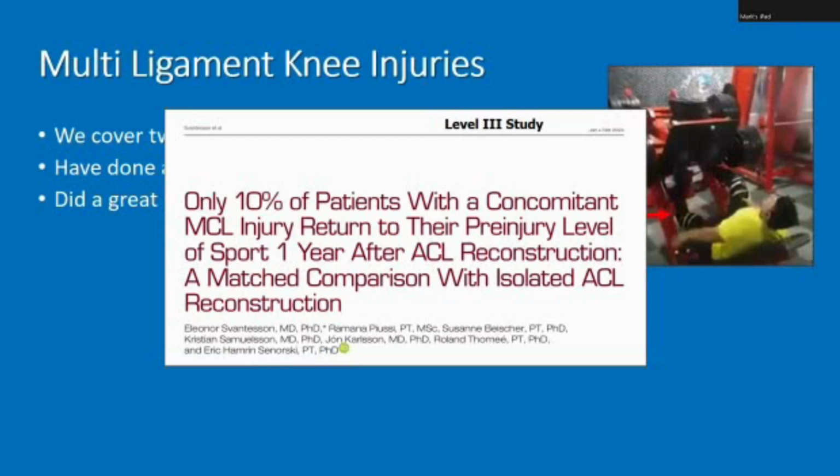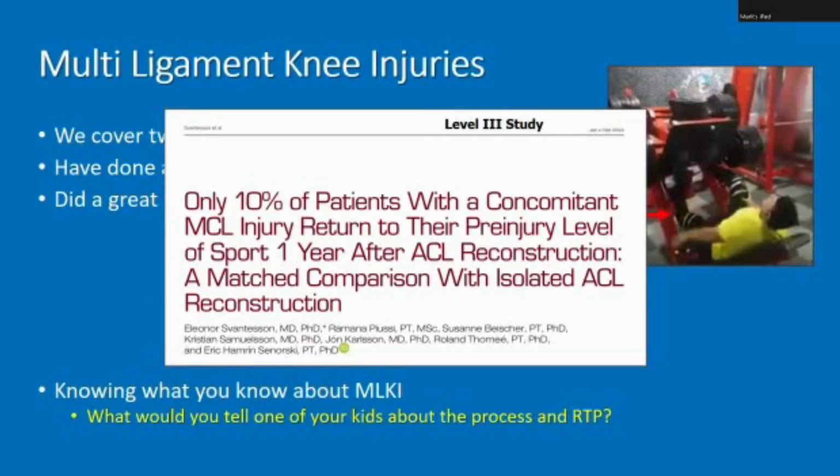So a little longer, multiple ligament injuries complicate the whole picture with the knee. Knowing what you know about multi-ligament knee injuries, what do you tell a family member or a close friend or your patients about the process, about the picture that they now have to deal with a multi-ligament knee?